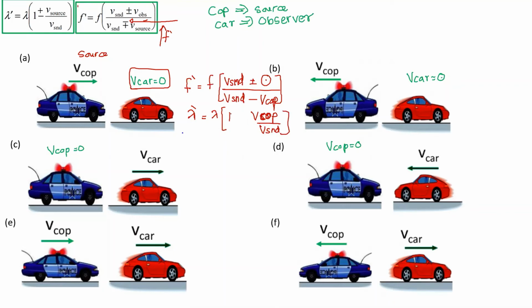Lambda, you can think of it in terms of the displacement. What is the distance between the two? Is it going to decrease? That means lambda is also decreasing. What should it be? Lambda decreases, that means minus.